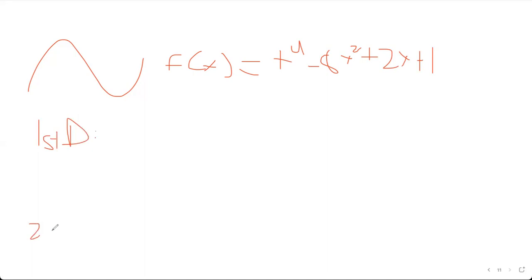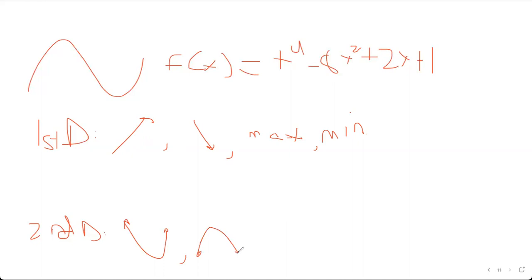The first derivative tells you when it's increasing, when it's decreasing, when it's at a maximum, and when it's at a minimum. The second derivative tells you when it's concave up, concave down, and when it's at a point of inflection.